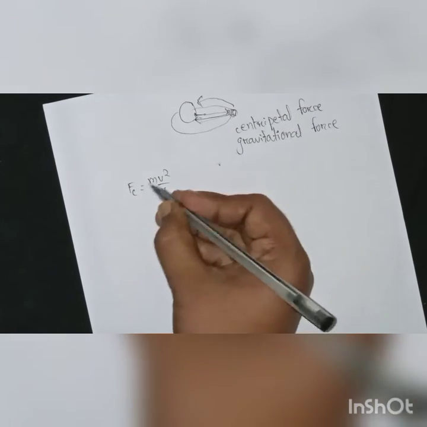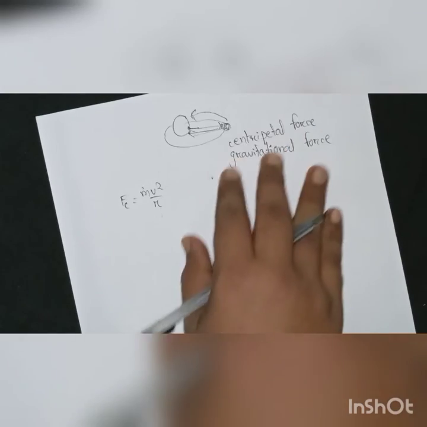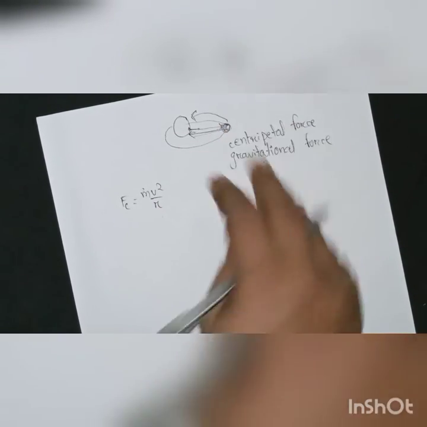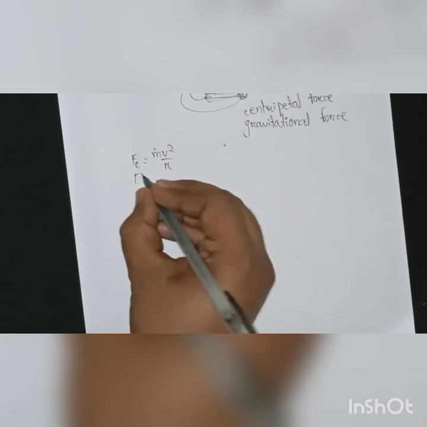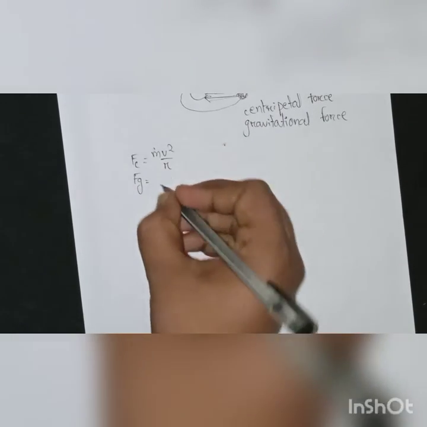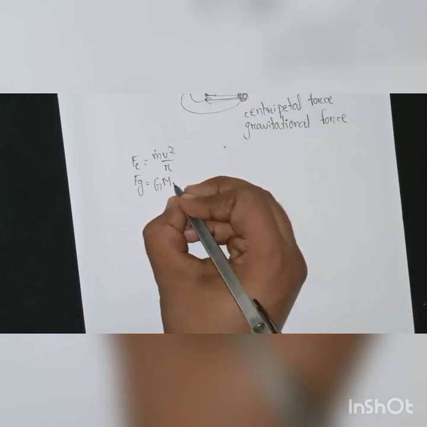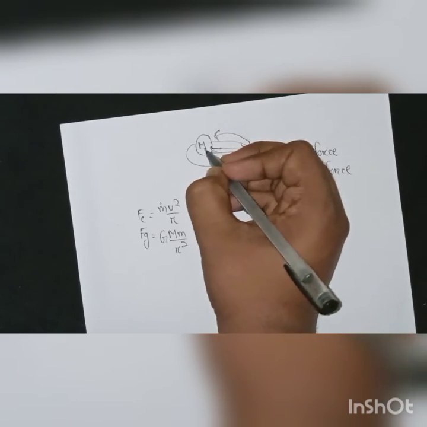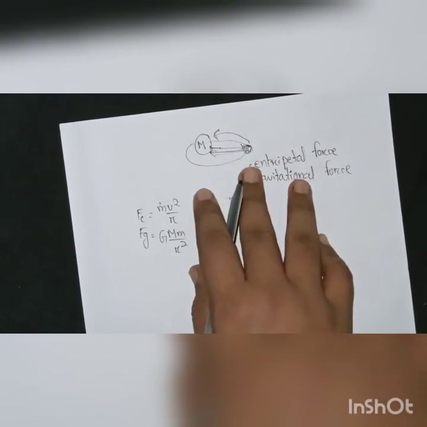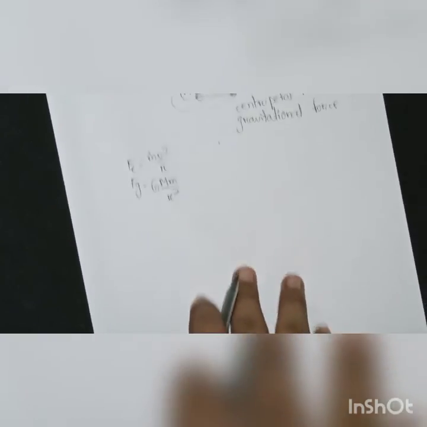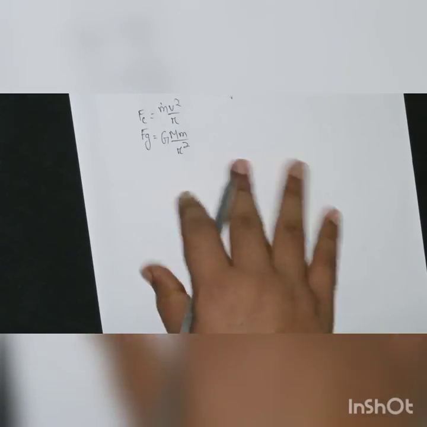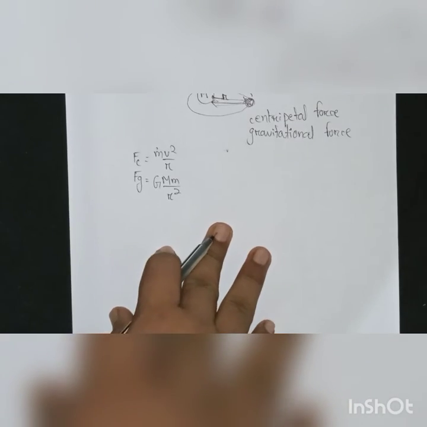Here m is the mass of the smaller body, or in this diagram particularly our earth. And gravitational force is equal to G capital M small m by r square. Here capital M is the mass of the larger body, in this diagram the sun, and small m is the mass of the earth. And the distance between them we're taking as r, so we write r square according to the formula of gravitation.